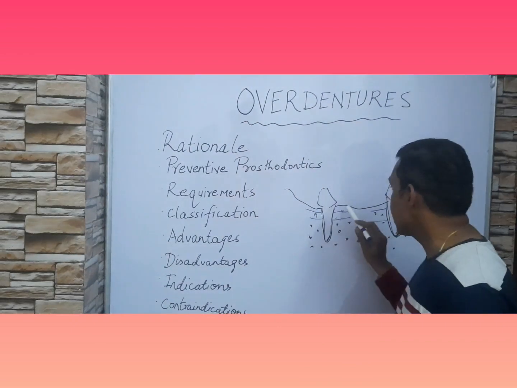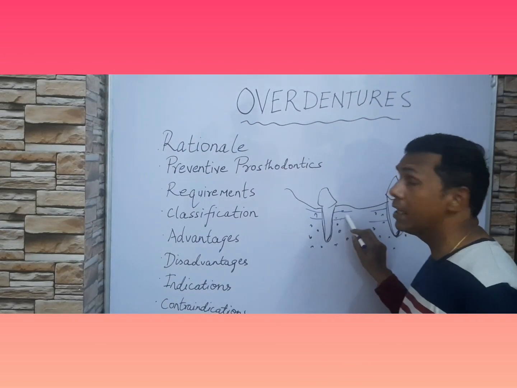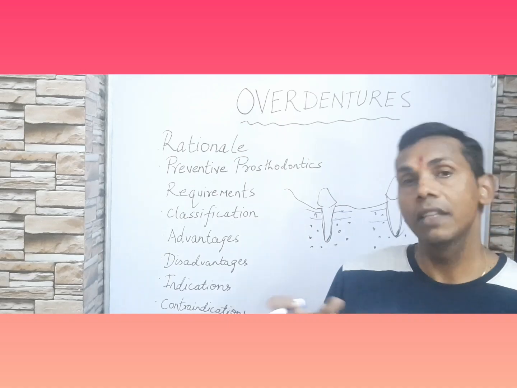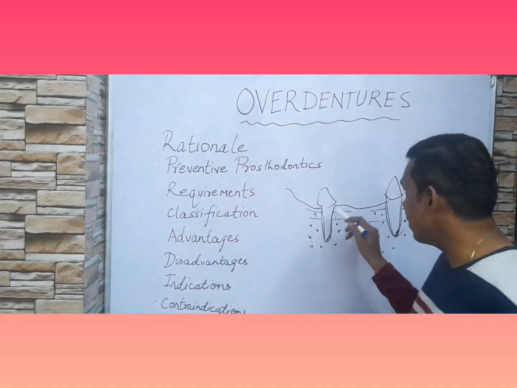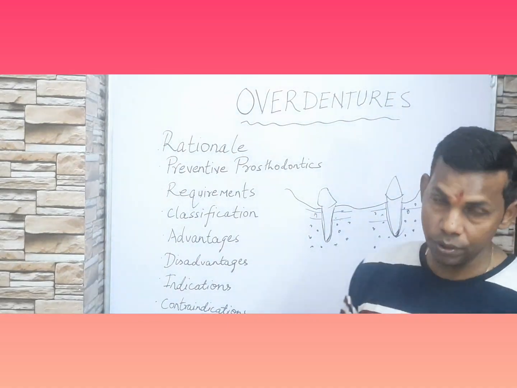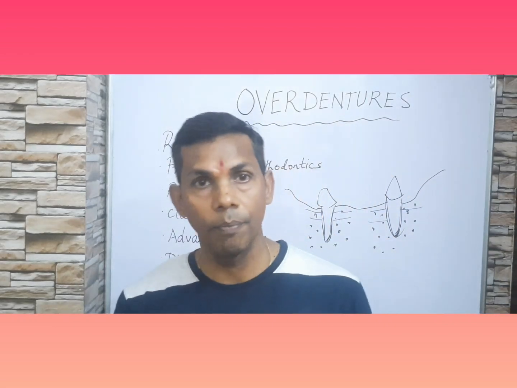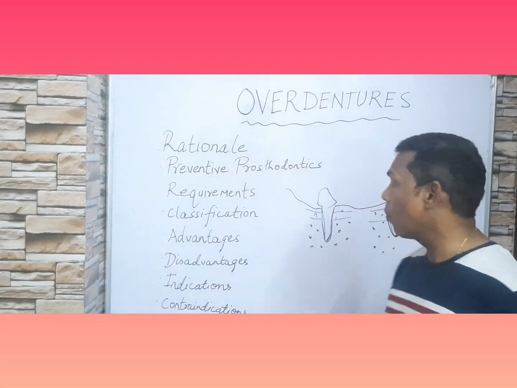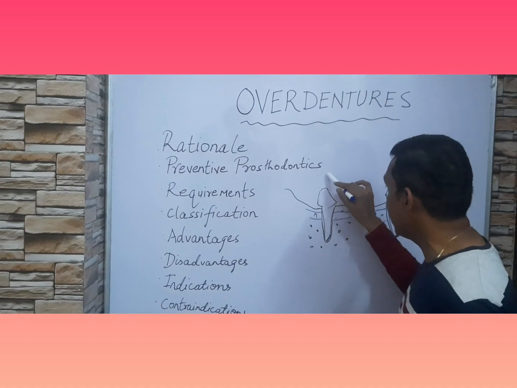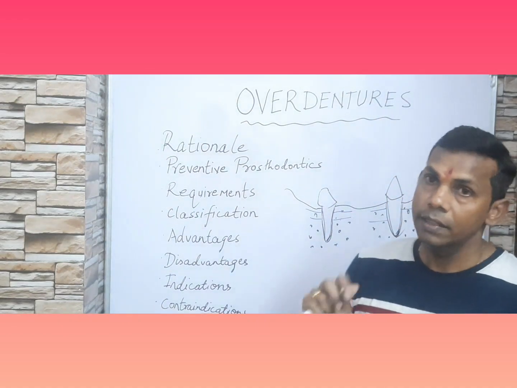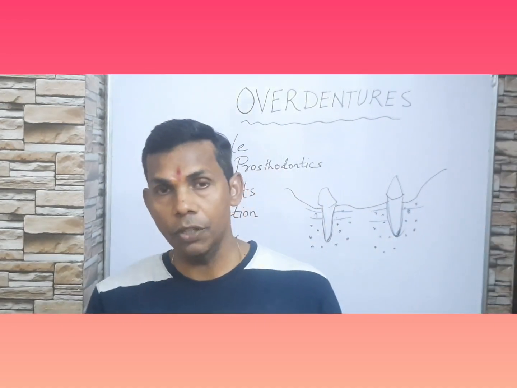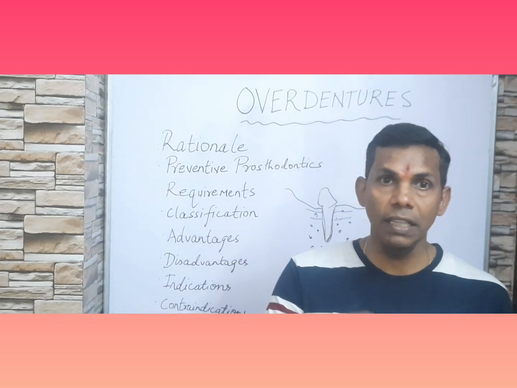Also, proprioceptors are found abundantly in the adjacent bone and the mucosa. So if you are preserving the teeth, you are preserving bone, and secondly you are preserving the proprioception. Thirdly, you are preserving the vertical height. That is, when you are preserving the teeth, you are also preserving the vertical height.